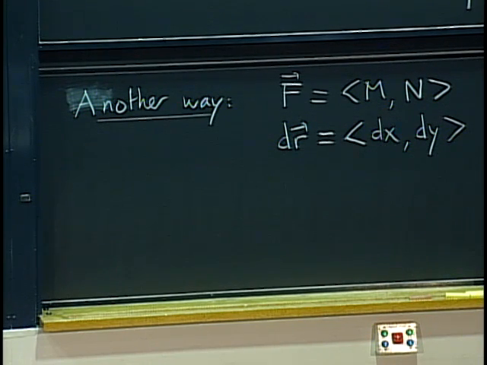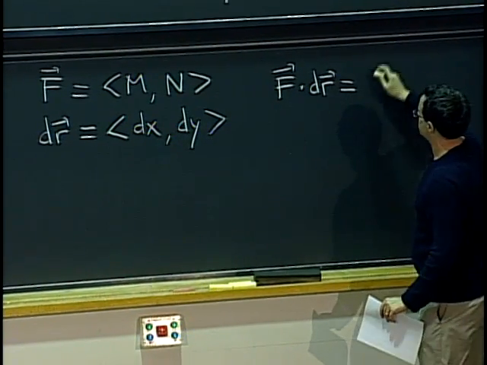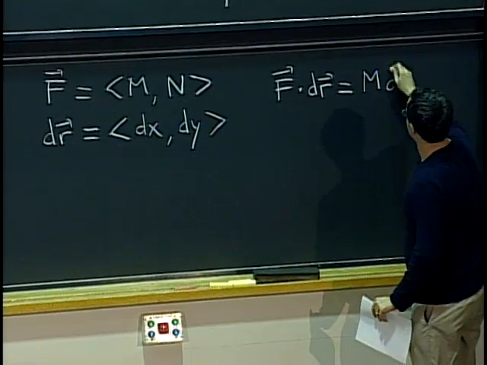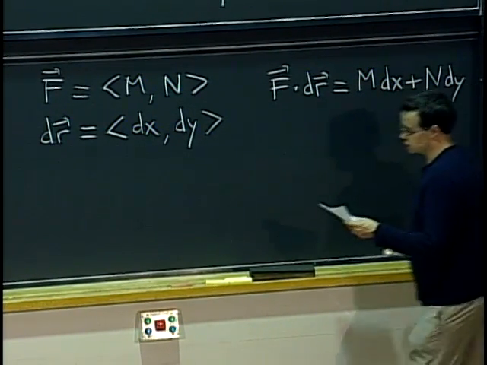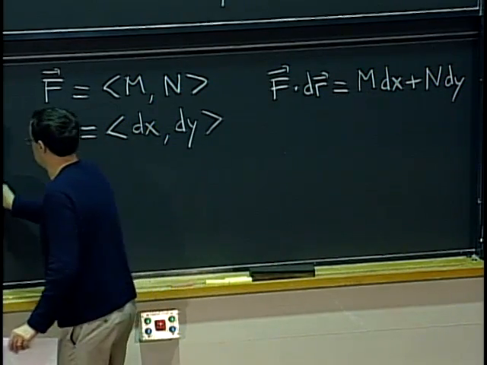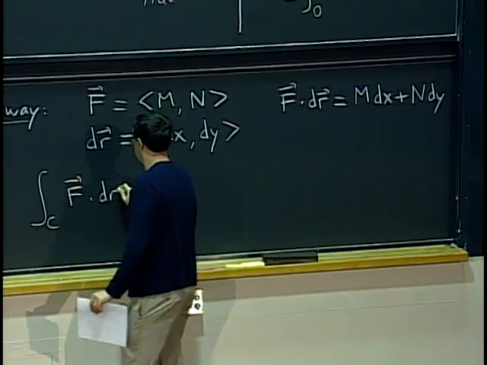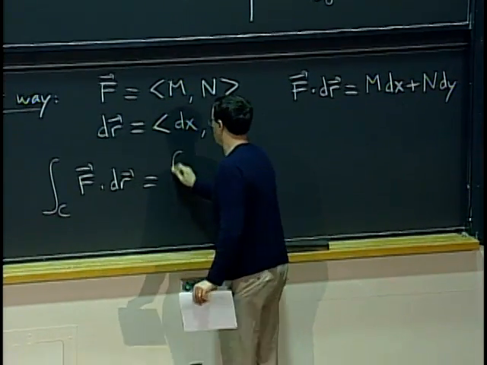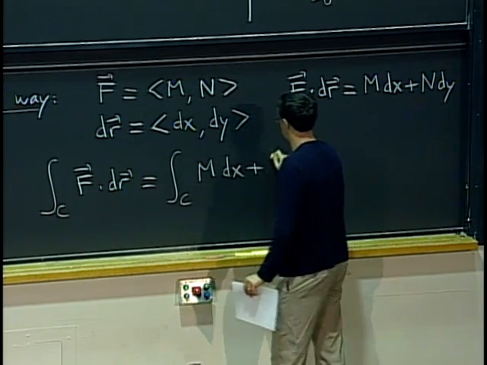It's not a real vector, of course, but as a notation, it's a pretty good notation because it tells us that F dot dr is M dx plus N dy. And so, we'll very often write, instead of the line integral along C of F dot dr, the line integral along C of M dx plus N dy.